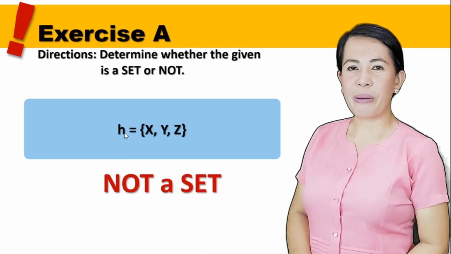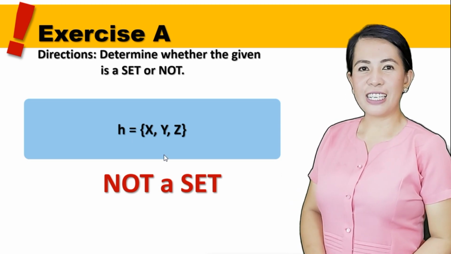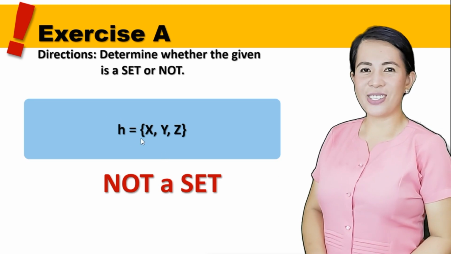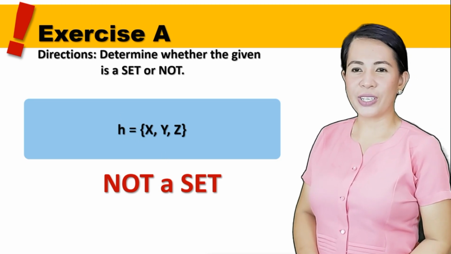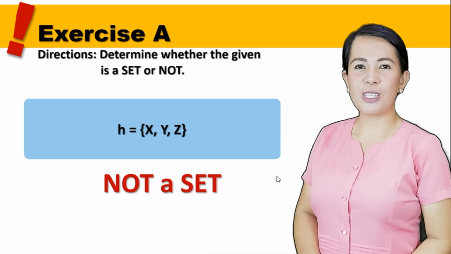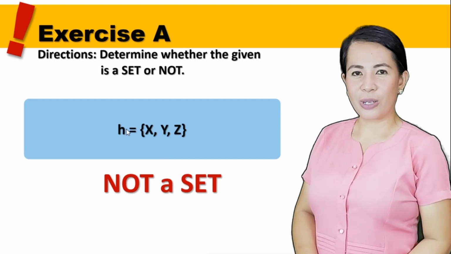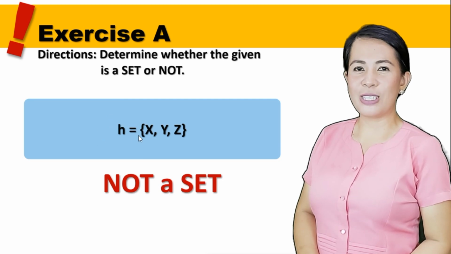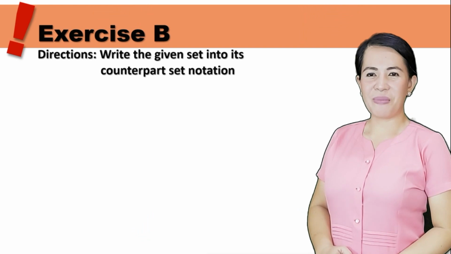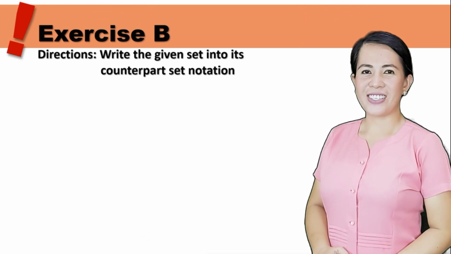If you can still remember, a set is denoted by a capital letter, while elements are denoted by a small letter. So in this case, our set is denoted by a small letter, while our elements are denoted by a capital letter.